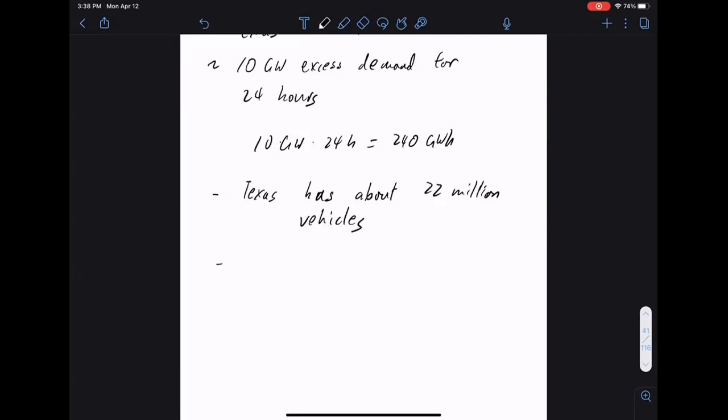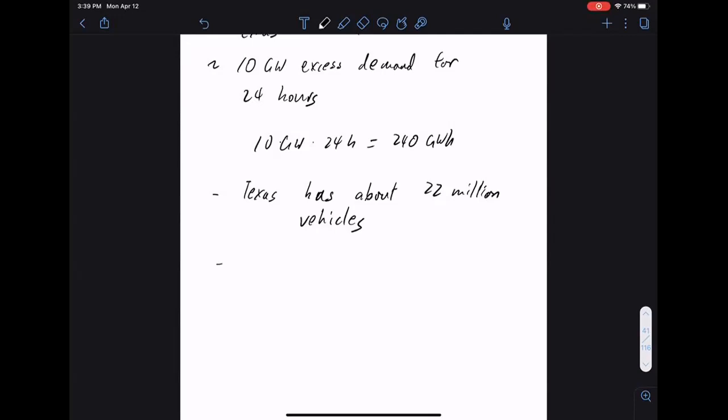Right, so Tesla is a special case. Tesla is very, very large. I don't think we're going to replace all by Tesla. A Tesla can get to 100 kilowatt hours, depending on how big it is. But not all 22 million are Teslas.